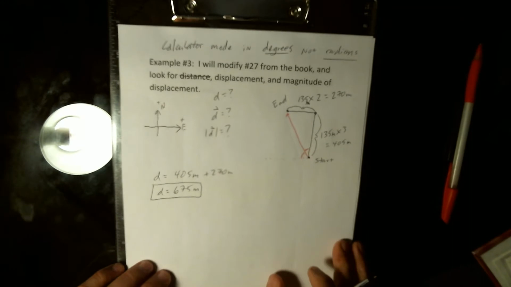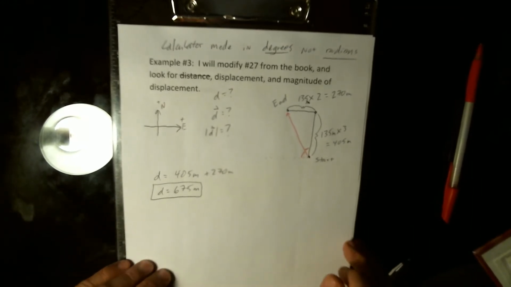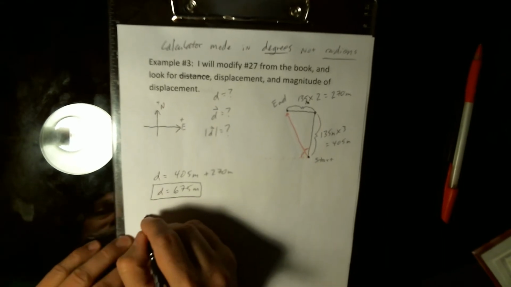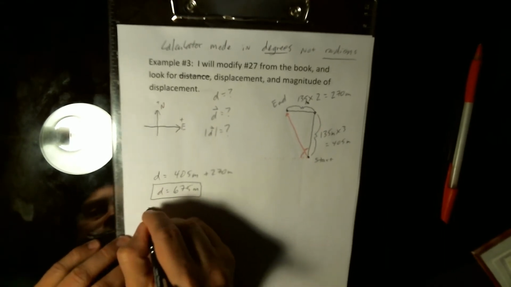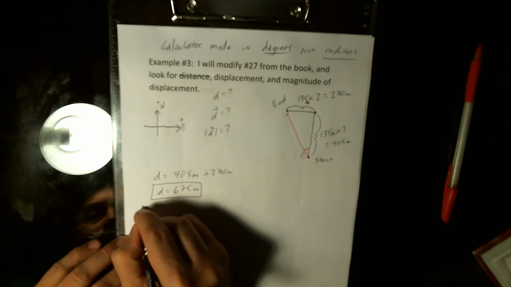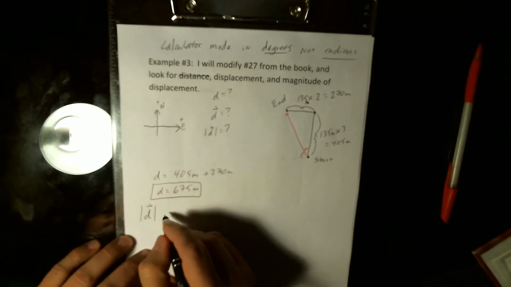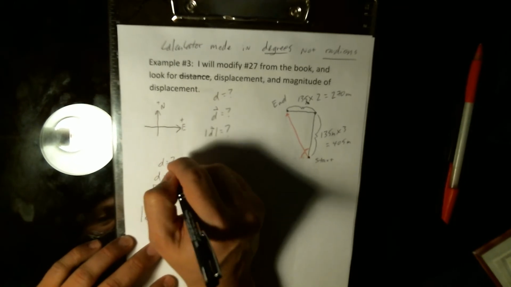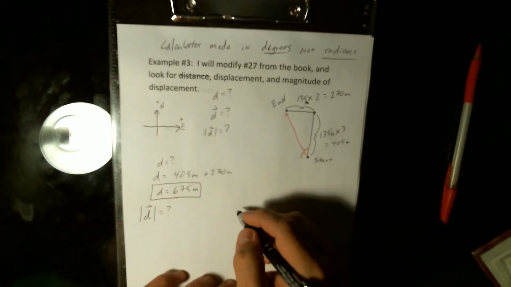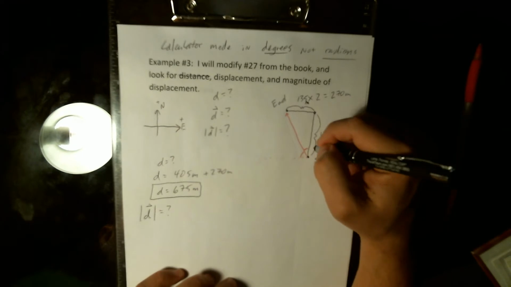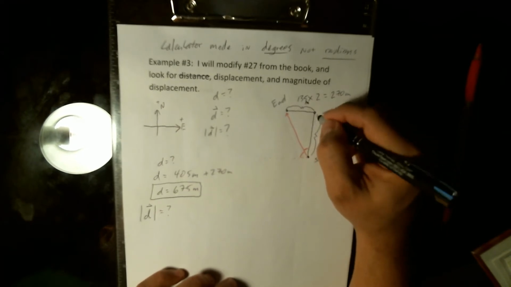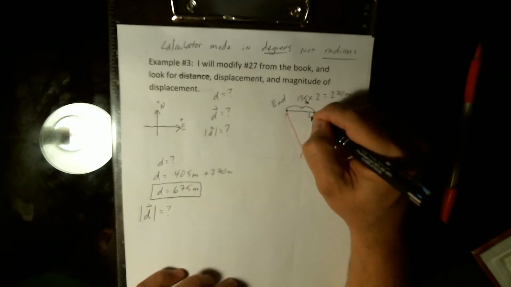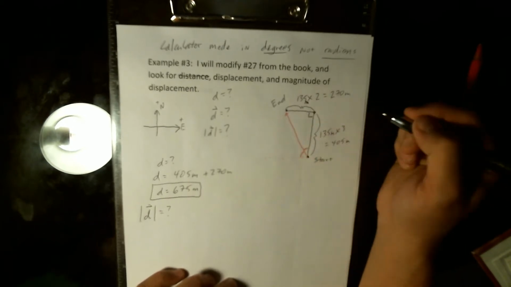The magnitude of the displacement is the next easiest one to do. So this is the symbol for magnitude of the displacement. We don't know what it is, just like we didn't know what D was here. This is a right triangle because due north makes 90-degree angles with due east. Well, there's an old dead guy from Greece named Pythagoras, and he told us something interesting.